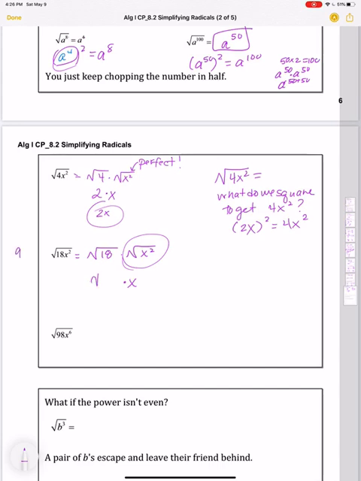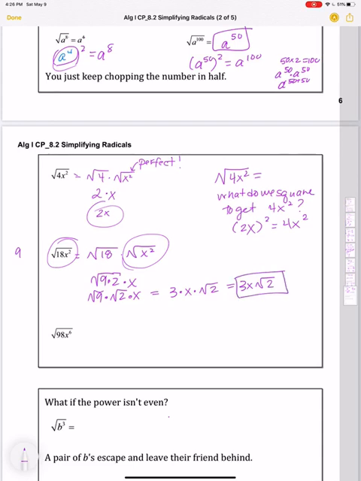So that's the square root of 9 times 2, which we could split into the square root of 9 times the square root of 2 times x. All of this is multiplication. So that's 3 times x times the square root of 2. So you'll see that written just 3x root 2. That is how you write it.